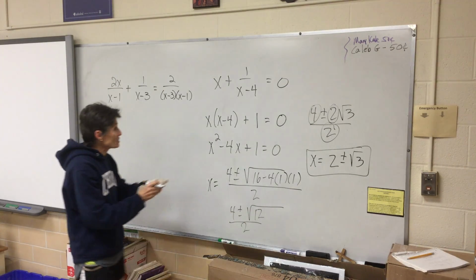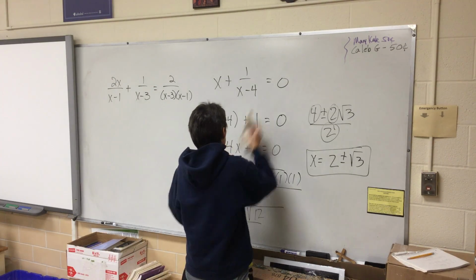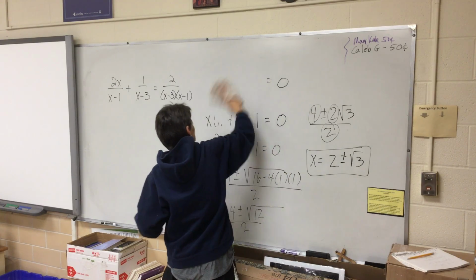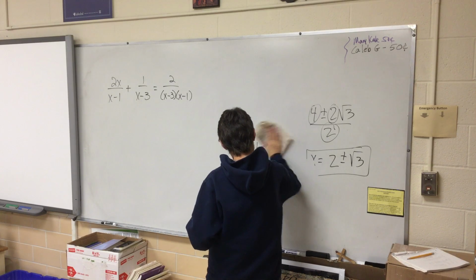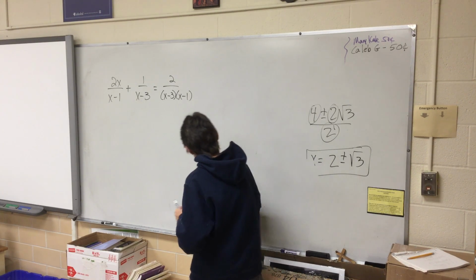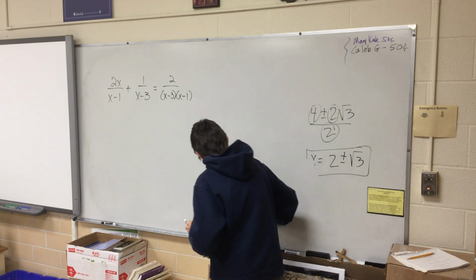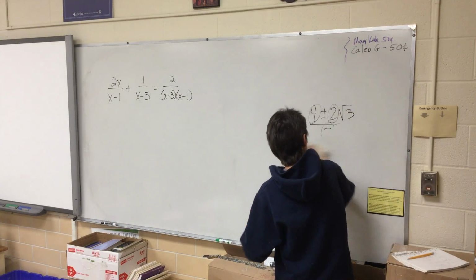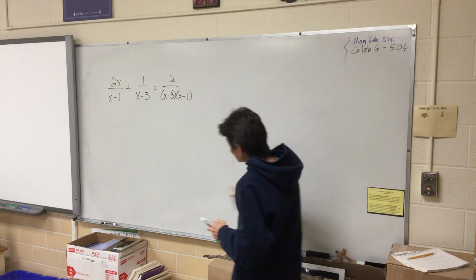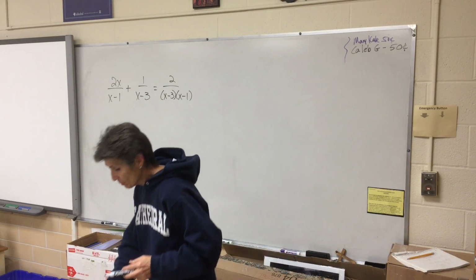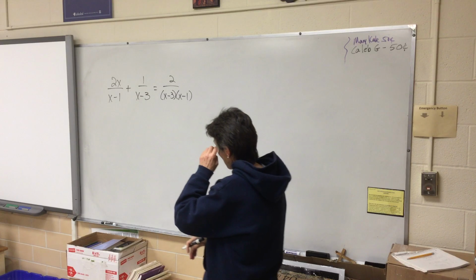Everybody see what I did? I just factored that denominator. Now it's full of fractions. This one has more fractions than the last two have had. But we're going to do this exact same thing. What do you think we're going to multiply by?